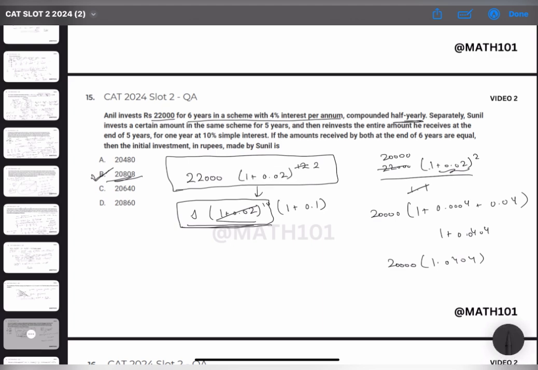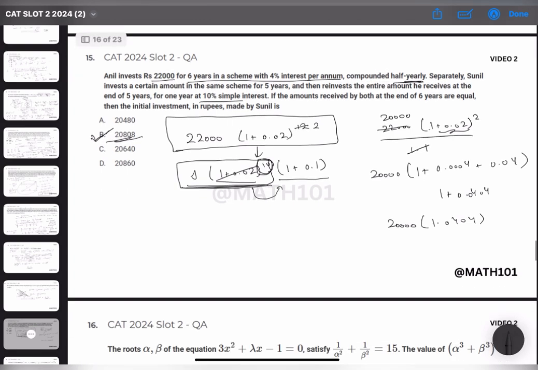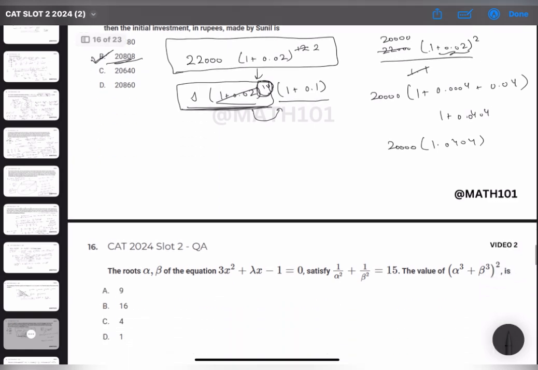So we took the half interest rate and compounded half yearly, so there will be 2 times the number of years. So this would become 10. The final invested amount after 5 years would serve as a new principal, and that would be multiplied by 1 plus 0.1 because 10% simple interest is received. And then we equate the two and solve.